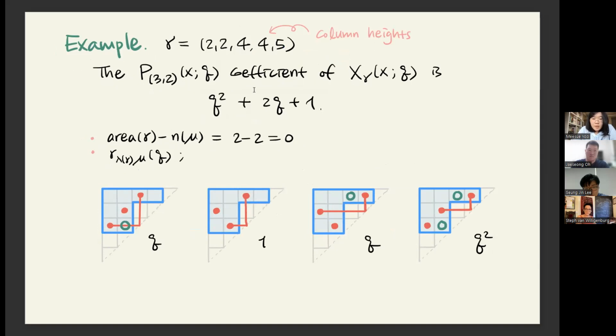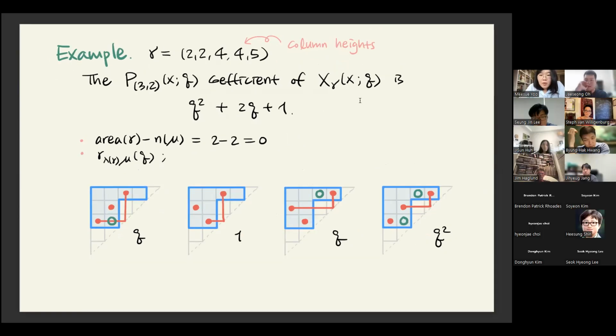So the polynomial coming from the root placement is going to give the P32 coefficient of X gamma. So there are 4 non-attacking linked root placements of type 3, 2. So this one, there is only one uncancelled cell, which gives Q. And in this case, everything is cancelled. So the weight is 1.